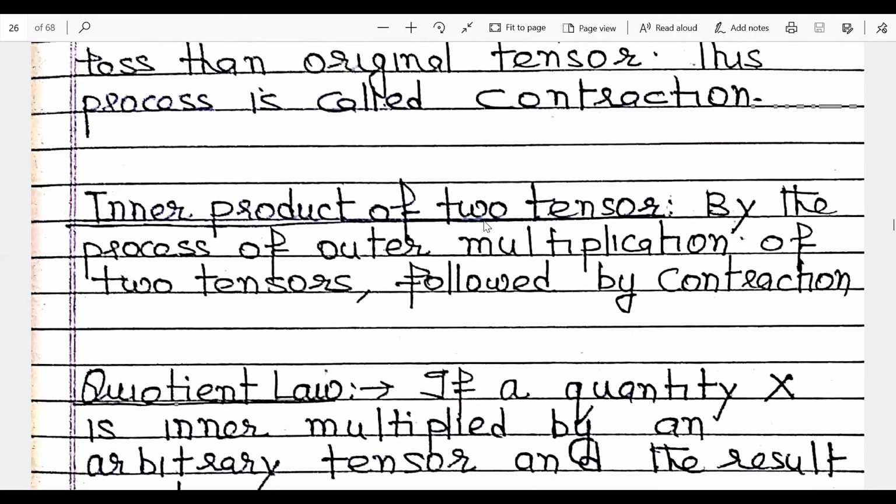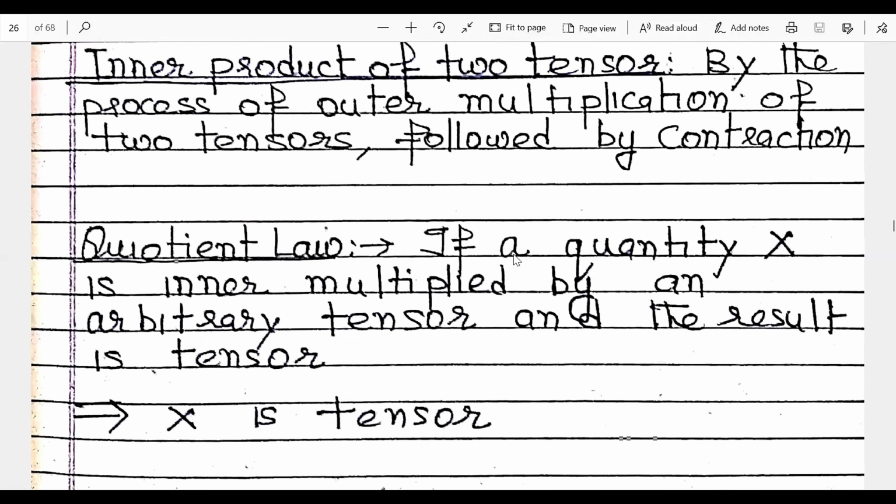Next is inner product. We read outer product; now inner product. Inner product is basically outer product followed by contraction. If the outer product is followed by contraction, it is called inner product. So by the process of outer multiplication of two tensors followed by contraction, we get the inner product of two tensors.